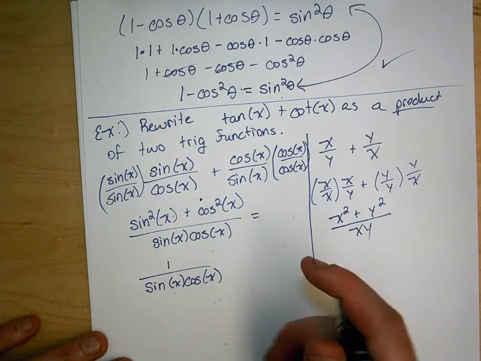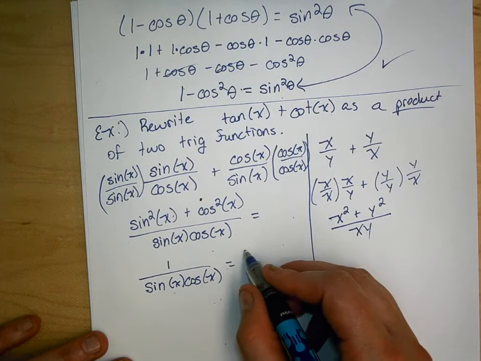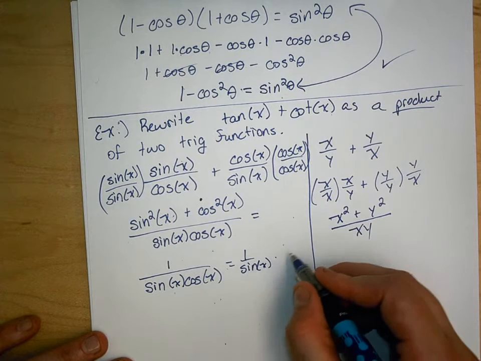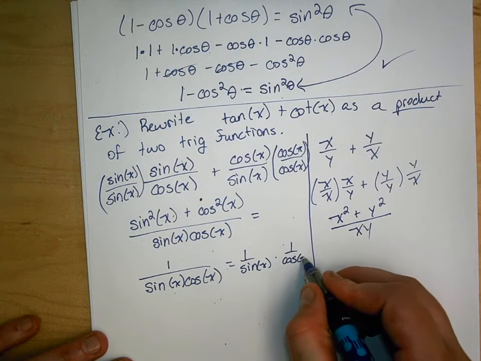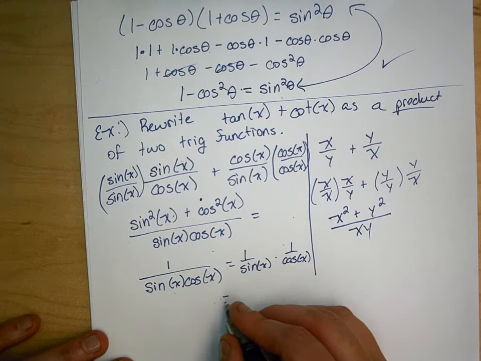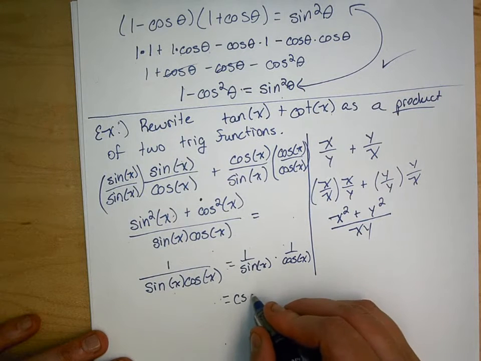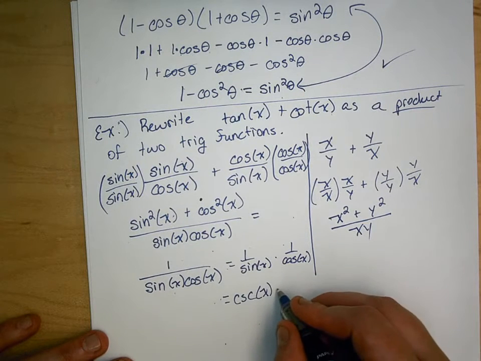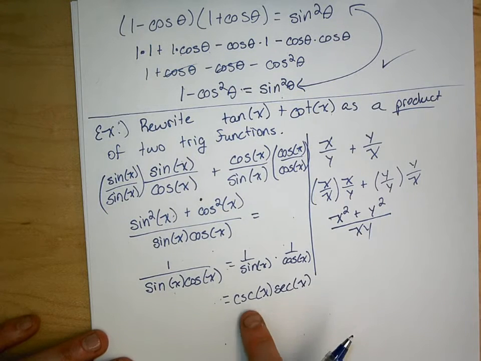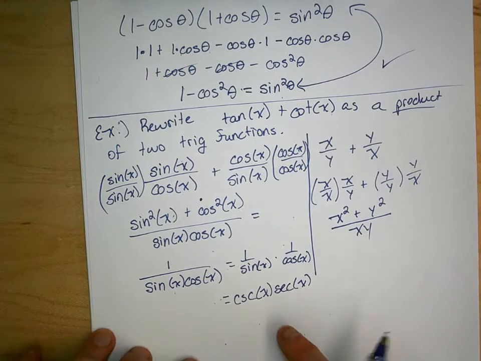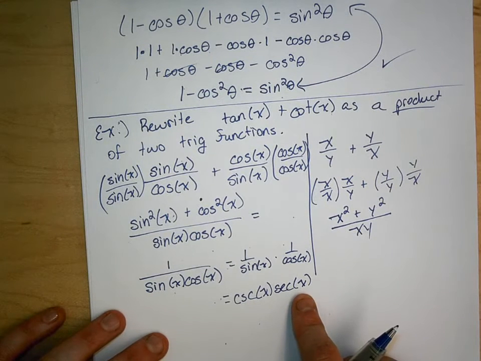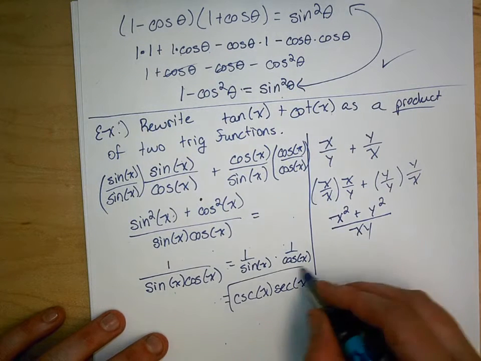And I can also rewrite this as 1 over sine x times 1 over cosine x. And now I can use the reciprocal identities to rewrite those as cosecant x times secant x, which are two trig functions being multiplied together. So I rewrote them as a product. So that would be my answer.